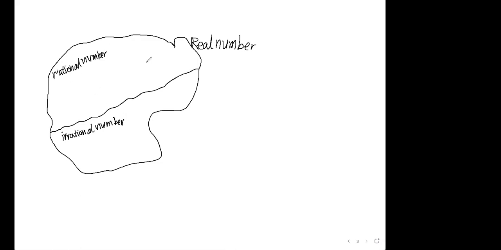Inside the rational numbers, I can make a small set like that. It's called integer numbers. Inside this, I'll make it smaller, right? So inside these integer numbers, I can make a small set here. It's called natural numbers.